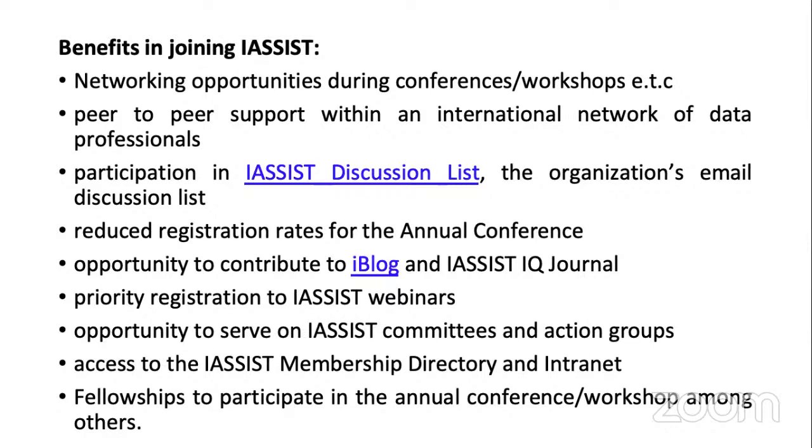Most of the fellows were actually from Africa, so I appreciate that. Then we also have an IASIS journal where we call for papers, and if they meet the standards, they are published.